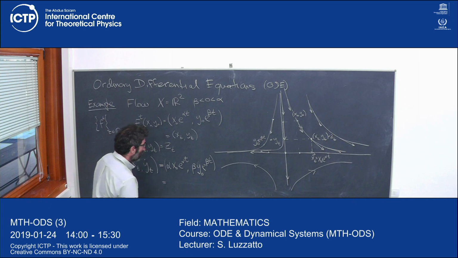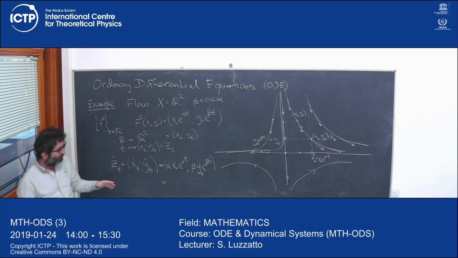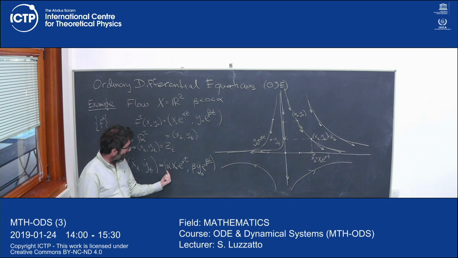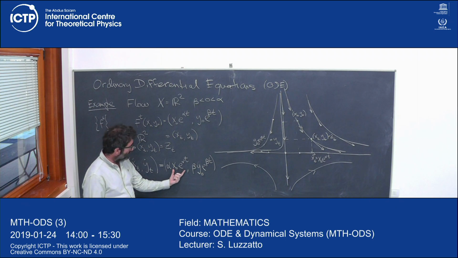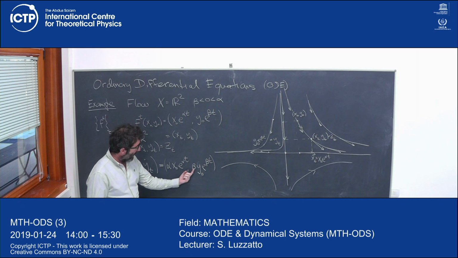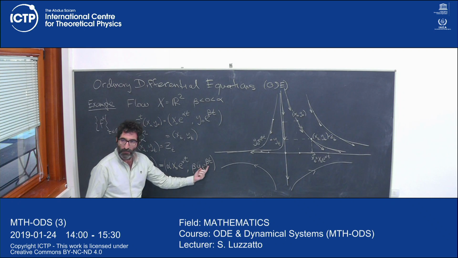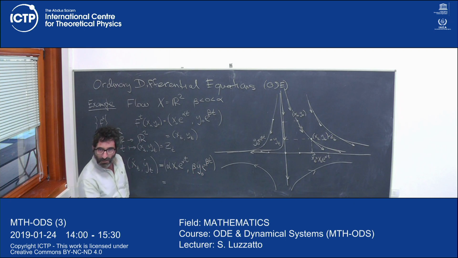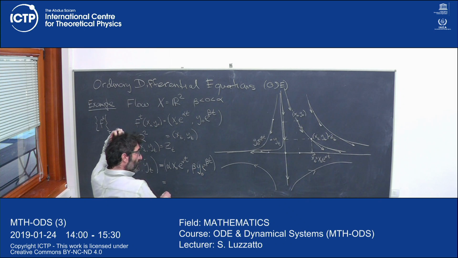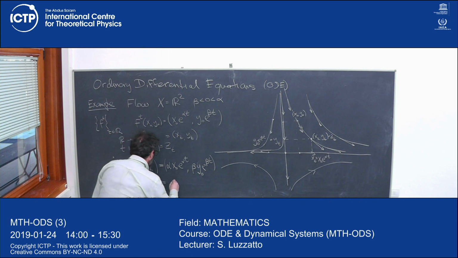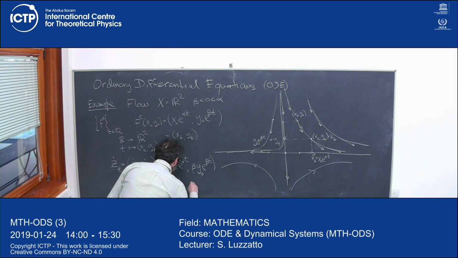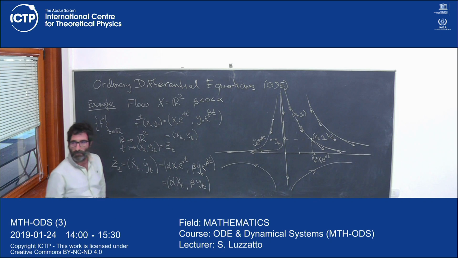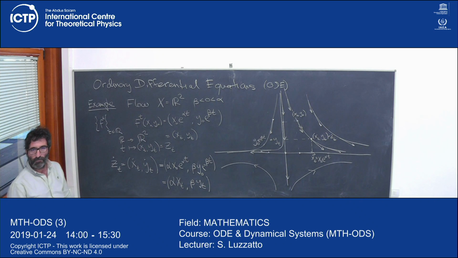It can be written very easily in terms of the point, because look, here we've got alpha x0 e to the alpha t and beta y0 e to the beta t, which is the point. So this is just alpha x of t, beta y of t.